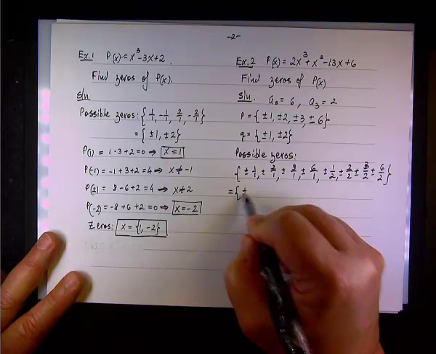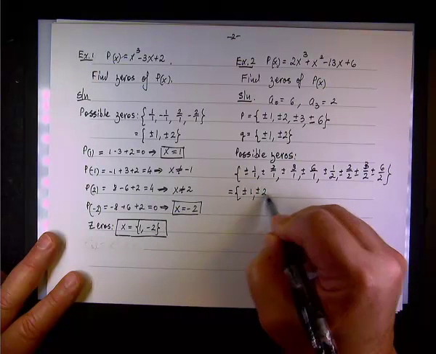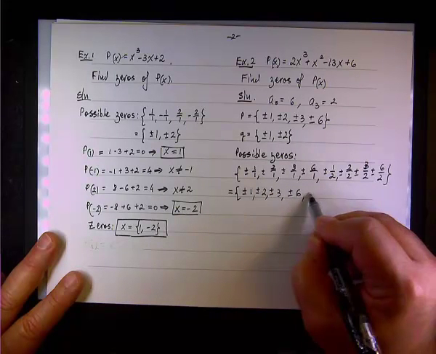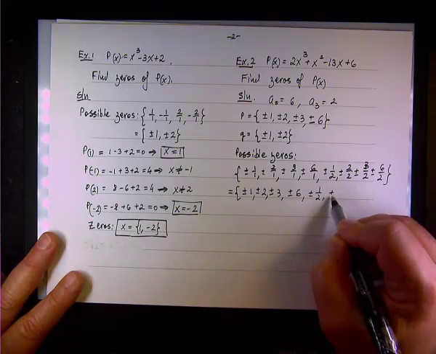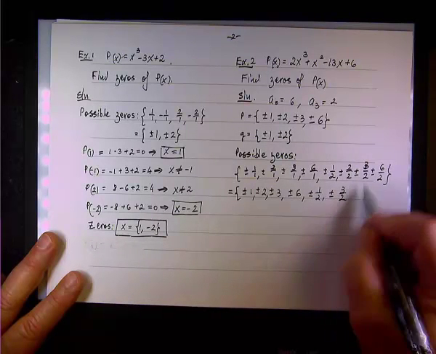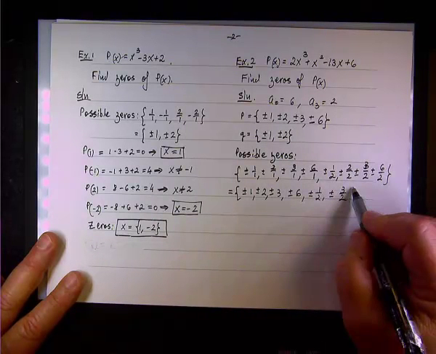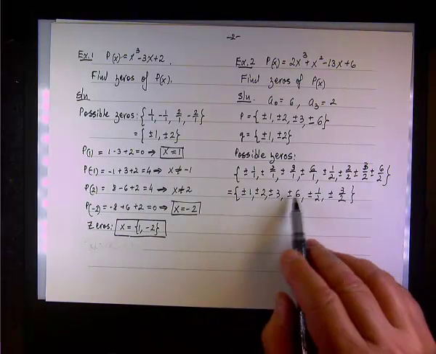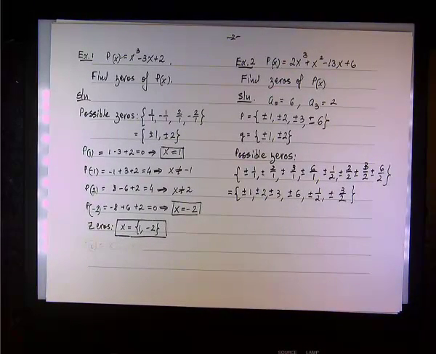So where is the reduction? Well, 2 over 2 and 1 over 1 are the same, are 1. Also, 6 over 2 and 3 over 1 are the same. So we're going to end up reducing it to plus minus 1, plus minus 2, plus minus 3, plus minus 6. And then we have plus minus 1/2, plus minus 3/2. So those are the 6 times 2, 12 possible zeros.